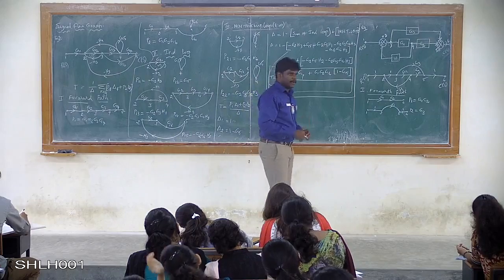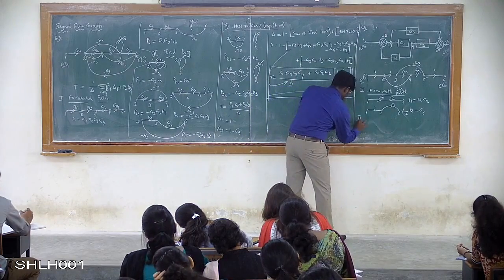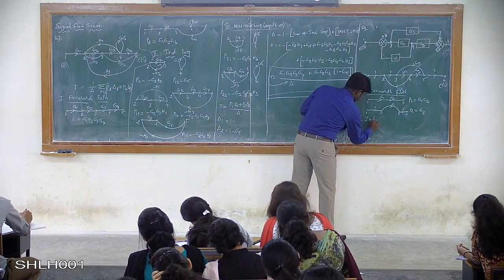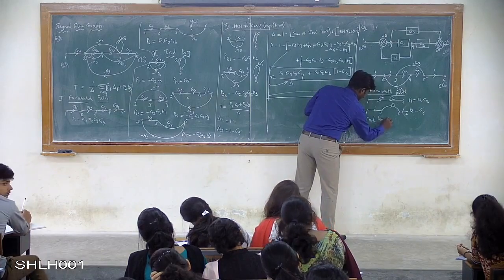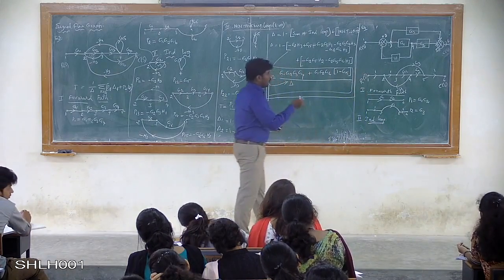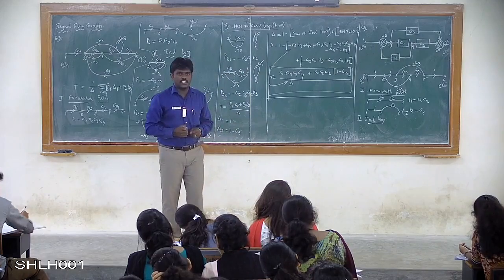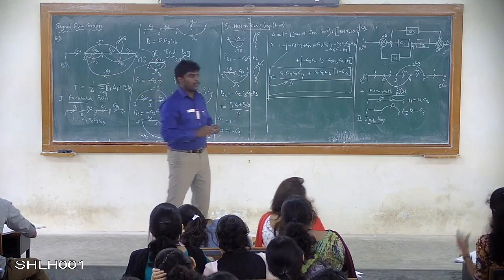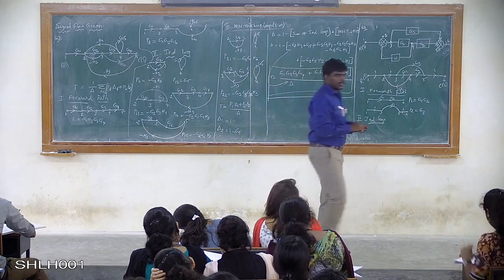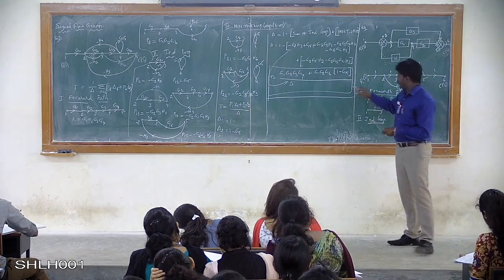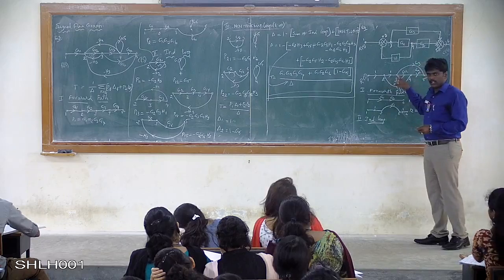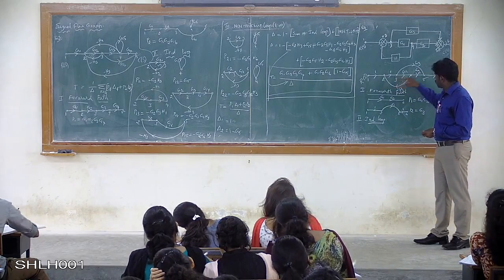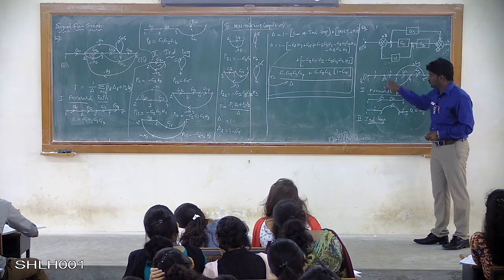What is the next step? Finding out the individual loops. Right? So how many individual loops are present in the given signal flow graph? Okay, we'll find out. 2 to 3 forward direction, 3 to 4 forward direction, then 4 to 2, right?